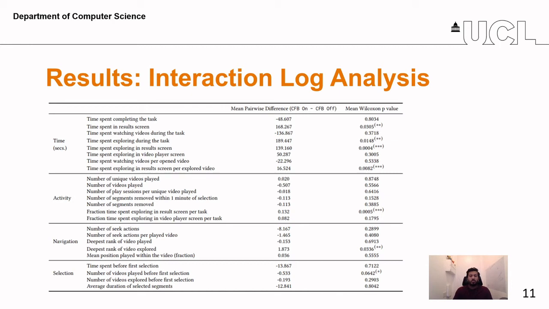Our objective was to analyze how the control condition varies from the Content Flow Bar condition in terms of these interaction metrics. We decided to use a paired hypothesis testing mechanism to validate this. Due to the small number of participants, we used the Wilcoxon signed rank test.